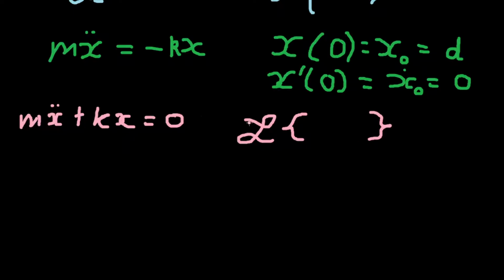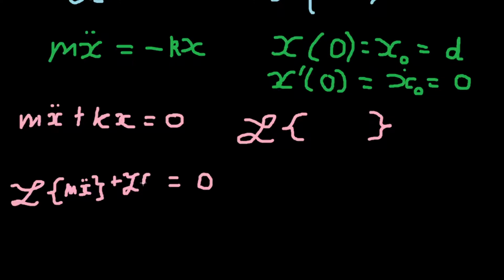The Laplace transform of 0 is just 0. And the left hand side is a bit harder. Because of the linearity of the Laplace transform, we can write this as two Laplace transforms: the transform of m x double dot plus the transform of kx.